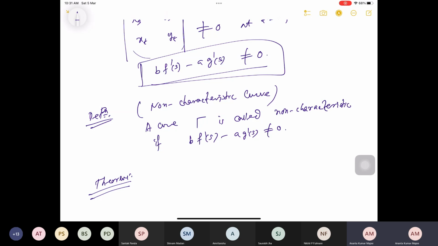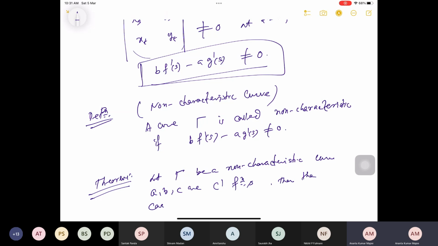If the curve gamma is characteristic, it is called non-characteristic if this condition holds, and in general it is a characteristic curve. So let gamma be a non-characteristic curve and a, b, c be C1 functions.